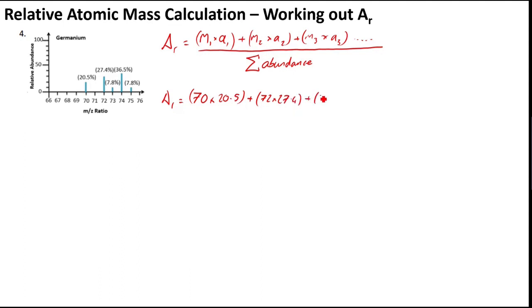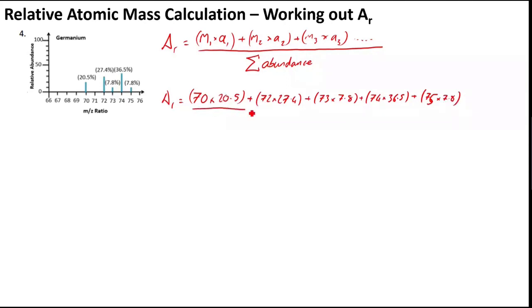And we're just going to keep on going until we've done all of the different abundances with all the different masses relating to them based on this graph. They could give you the data in words, or they could give it to you as a graph. There are examples of both in the past paper questions. You need to be able to do both of them, so it's worth having a go at them all.